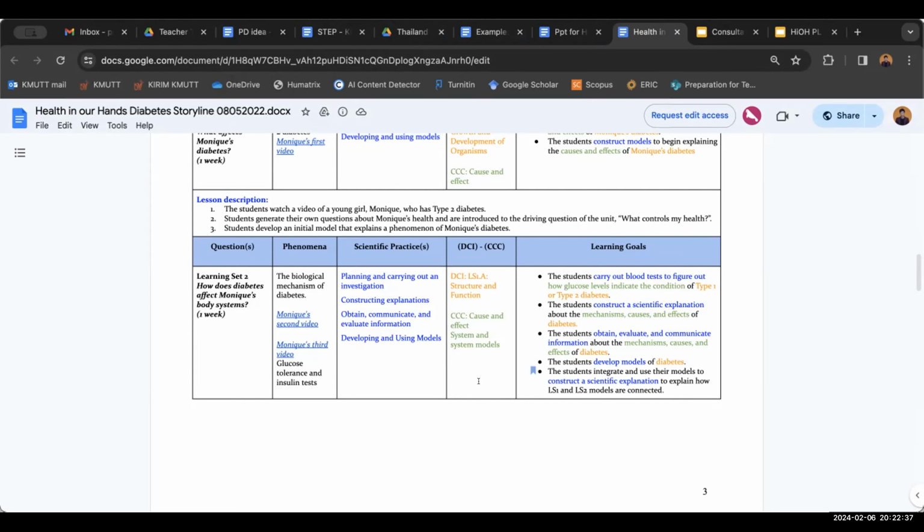First they do a test with some pipettes, and with the colors that they get, they map that out on the graph and compare it to a normal person. Normal sounds terrible, but anyway, somebody who doesn't have diabetes. Students are collecting this data, but it's already a made kit where it's basically simulated blood.